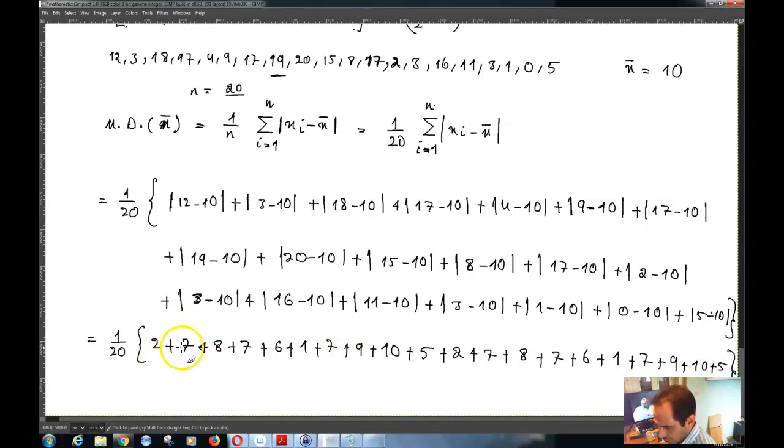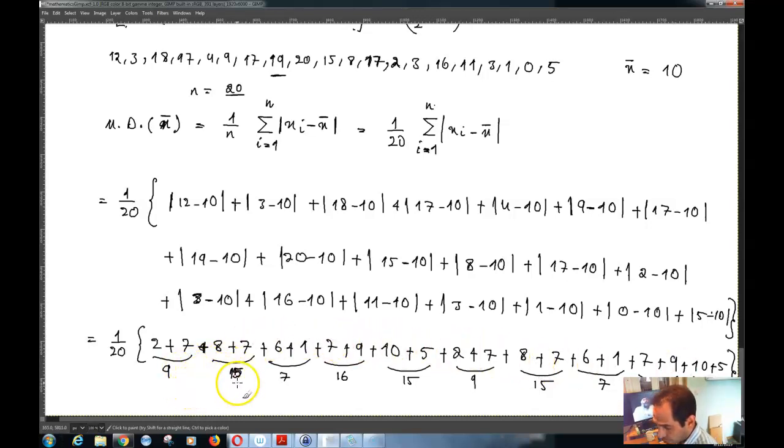And 2 plus 7 is equal to 9, 9 plus 8 is equal to 15, this is 7, this is 16, this is 15, this is 9, this is 15, this is 7, this is 16, and this is 15.